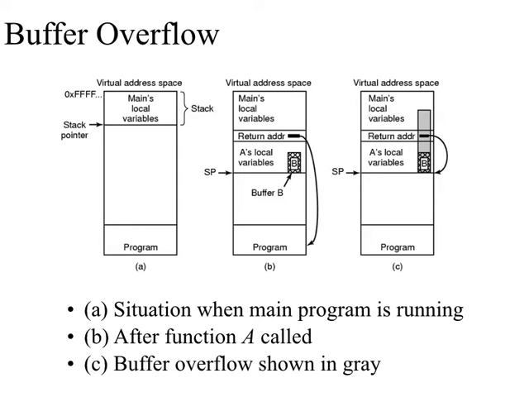If the input extends beyond the end of the buffer, then it can overwrite return addresses from a function, and control can be transferred to malicious code, which can then compromise the computer.